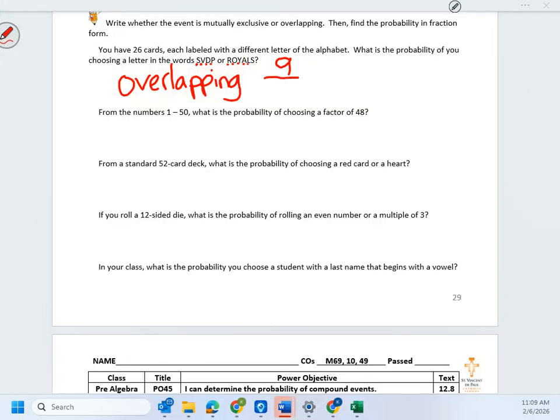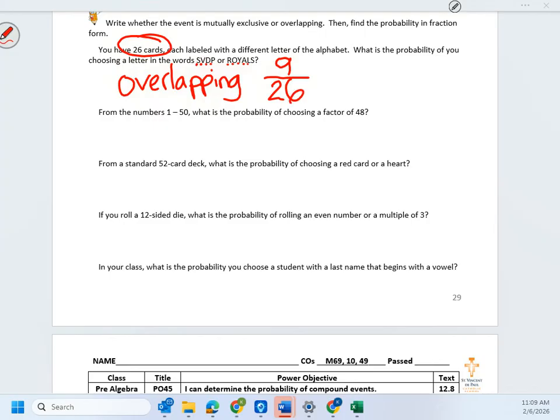Then I have 9 successful out of how many total? Clara? In my hat, how many alphabet cards do I have? 26. I have 26 cards in my hat. What's the probability of picking one of those 9? It would be 9 out of our total 26.